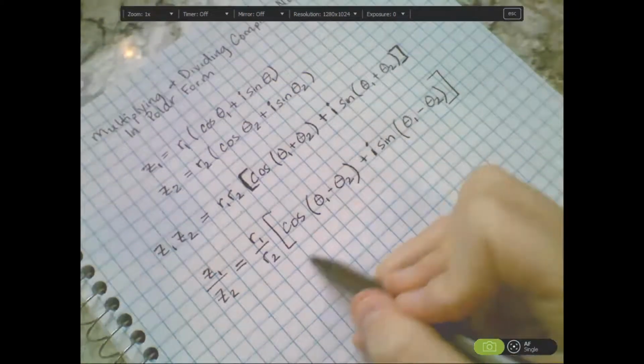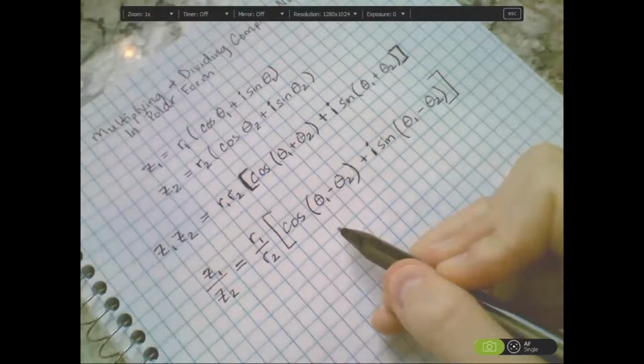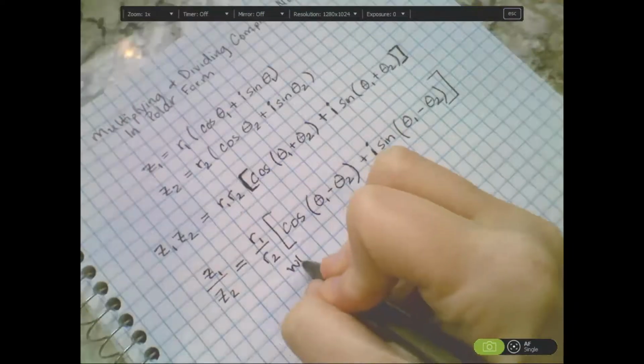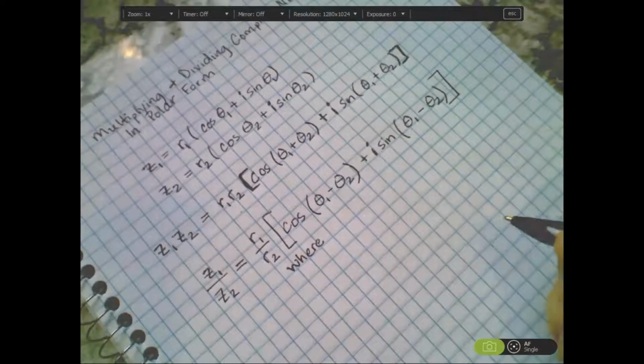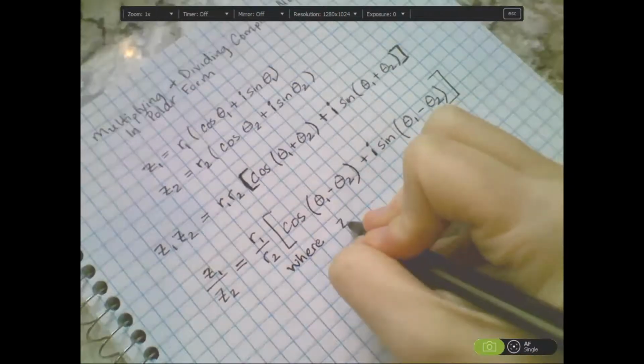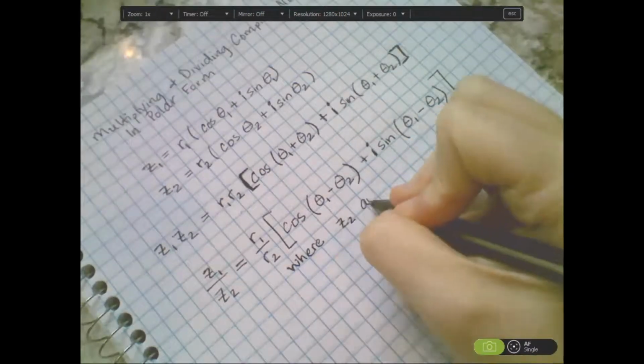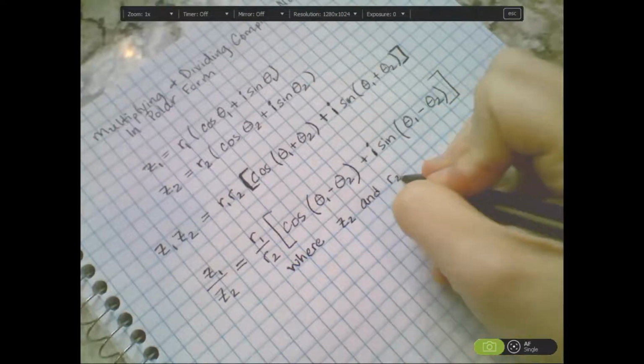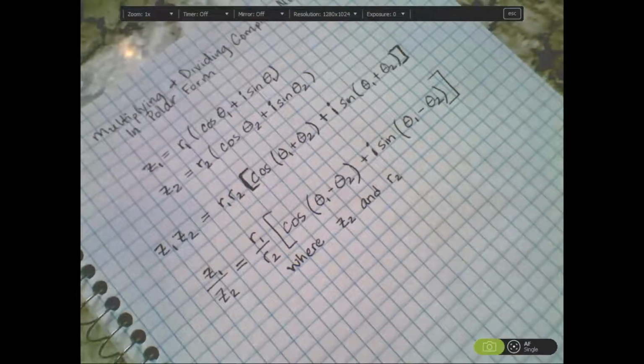There's another little caveat to the division. We have this formula where Z2 and R2 can't be a certain value. You can probably predict what Z2 can't be, since we're dividing, thinking about it in numerator and denominator.